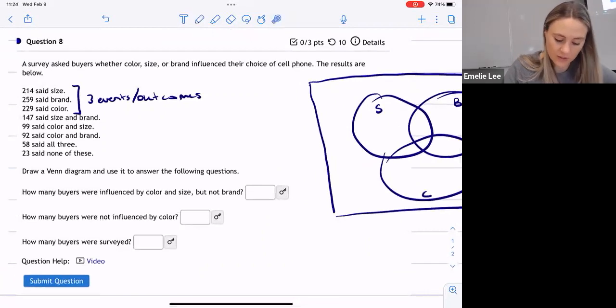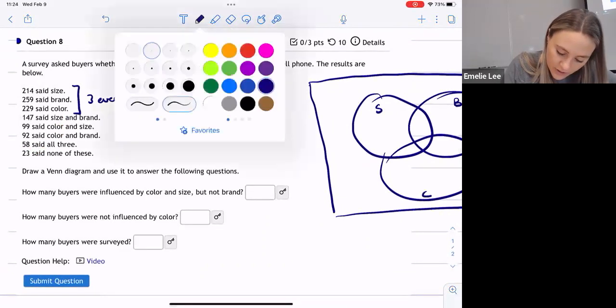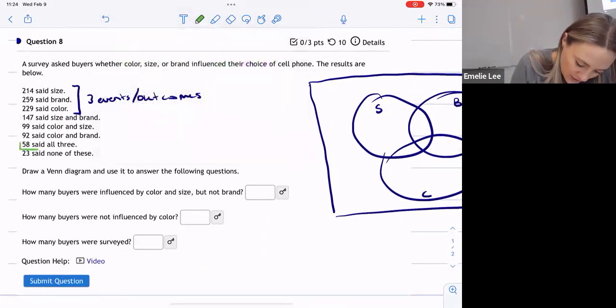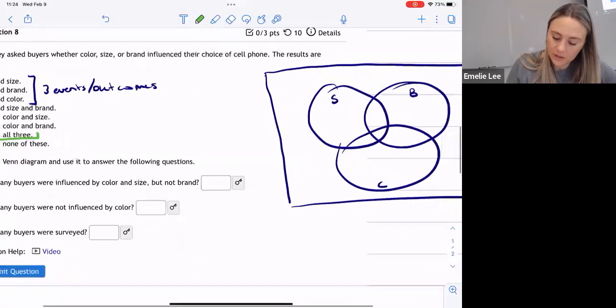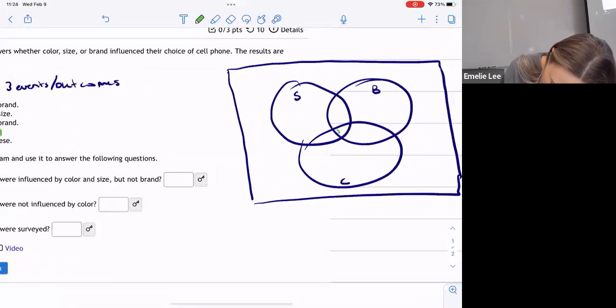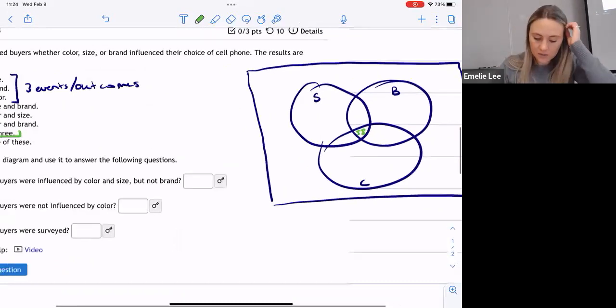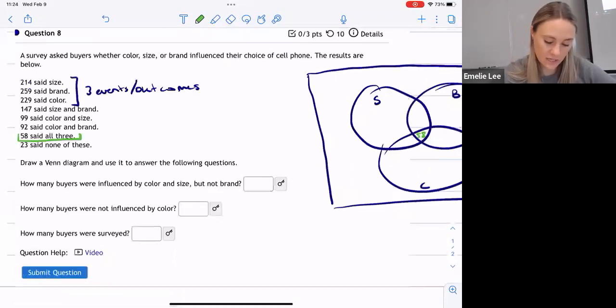And then following the same methodology, if we read through these, we're going to start here with 58 said all 3. So that means that, and I'm going to try to write it here, 58. So we start in the very, very center, and now we've got 58, right? And so that one's taken care of.